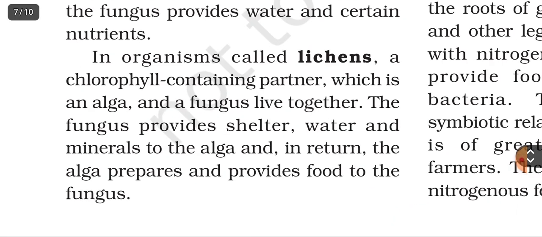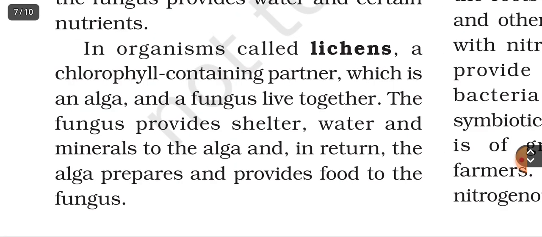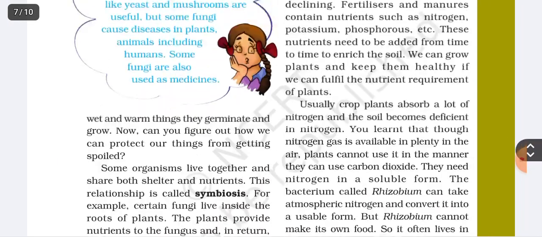In organisms called lichens, a chlorophyll containing partner, which is an alga, and a fungus live together. The fungus provides shelter, water, and minerals to the alga, and in return, the alga prepares and provides food to the fungus.